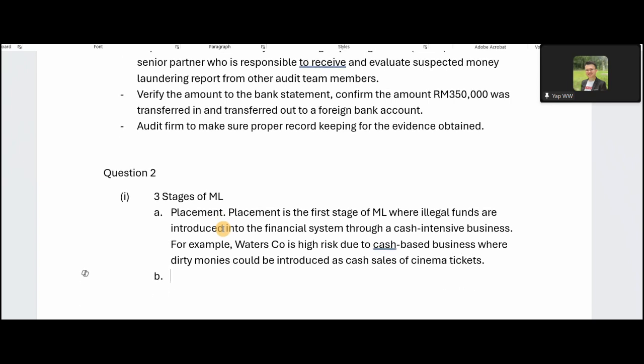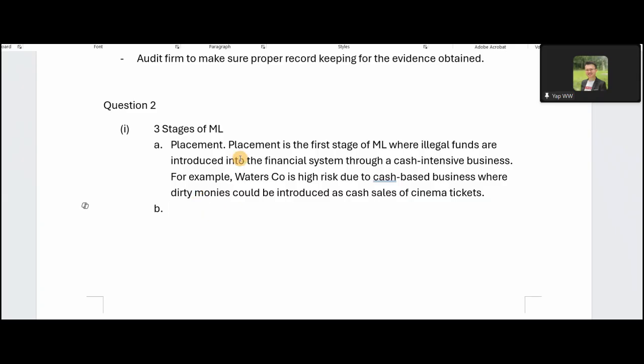Okay. After placement, you explain 1 mark, you highlight the example, another 1 mark. So here we have done with 2 marks requirements.